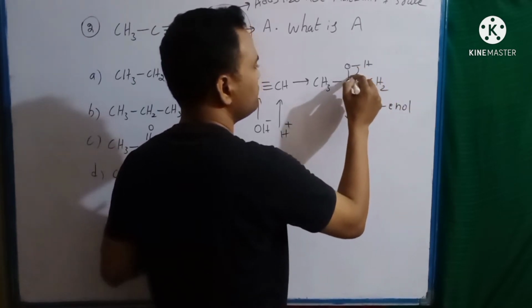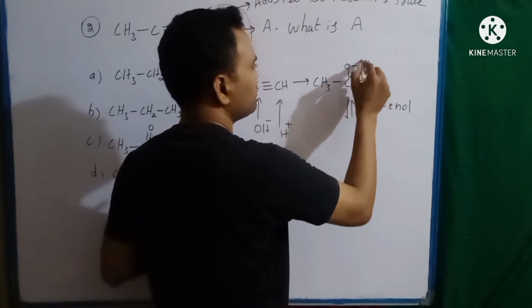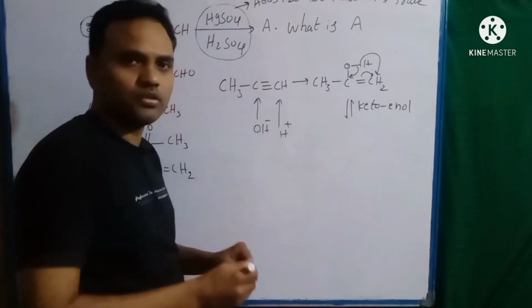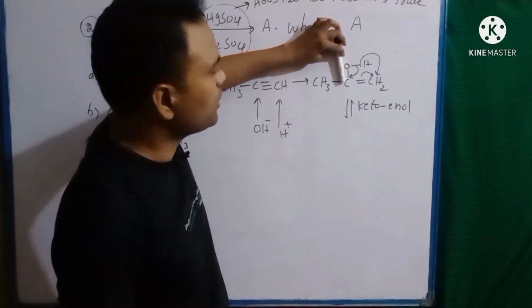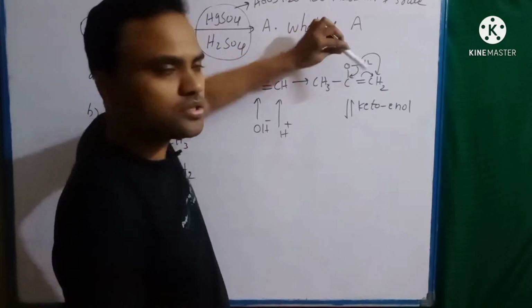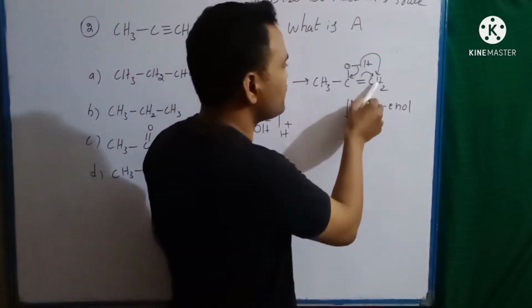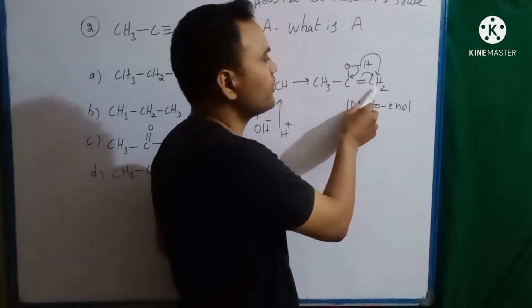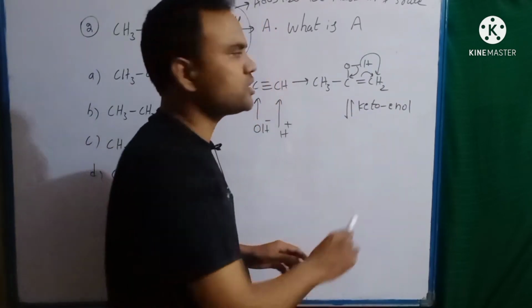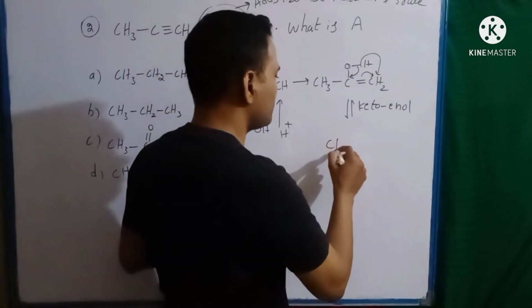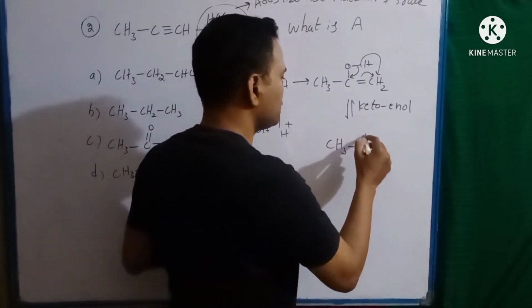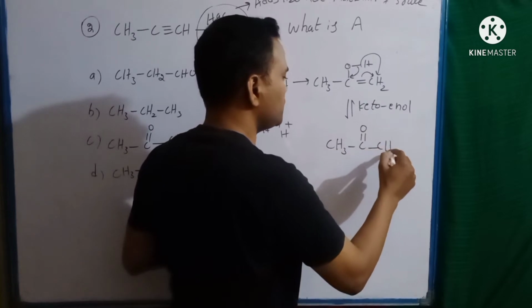Let us see here. This bond will shift this side, and here carbon will get 5 bonds. That's why this bond will shift onto this carbon atom, and this carbon will get a negative charge, and a proton attacks on that carbon. Okay, CH3, C double bond O, CH3.